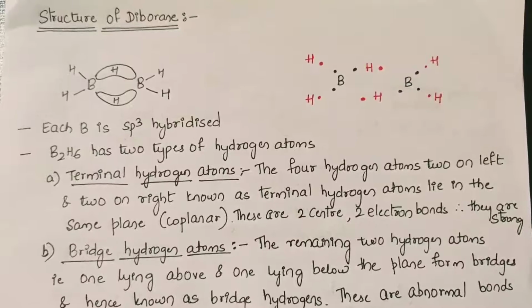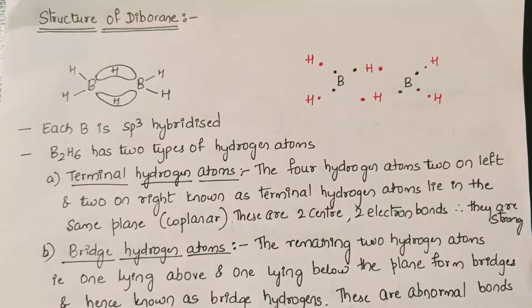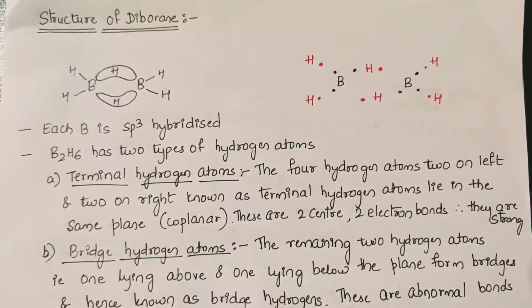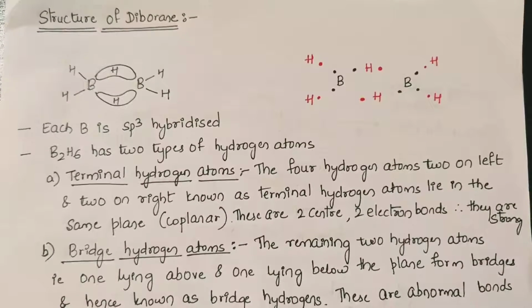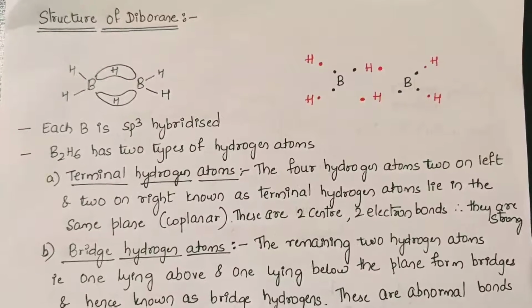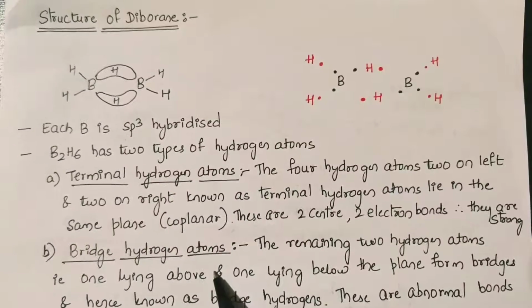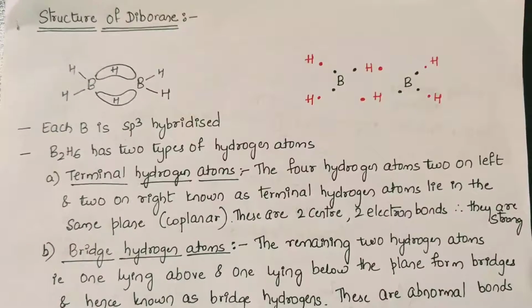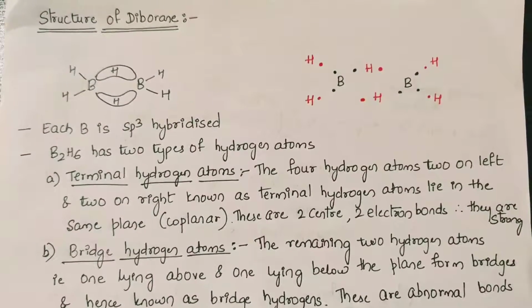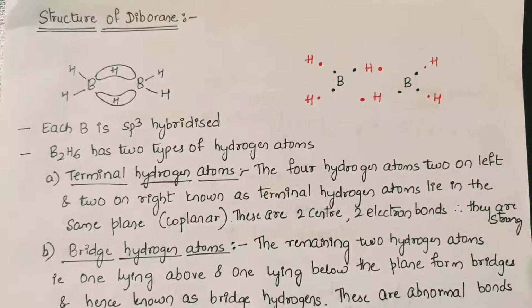These are two center, two electron bonds, therefore they are said to be very strong. Now the bridge hydrogen atoms: the remaining two hydrogen atoms, one lying above the plane and one below the plane, are forming bridges, and hence they are known as bridge hydrogens.